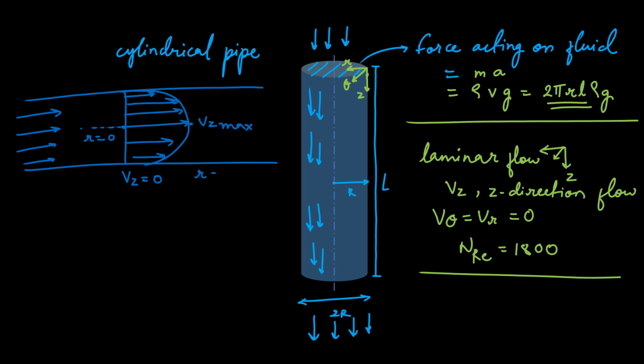At r equals R, velocity is minimum. So this is the fully developed flow that I am going to see.